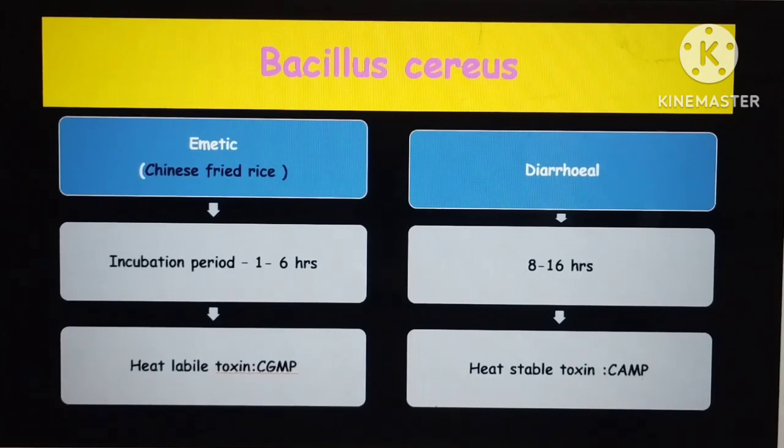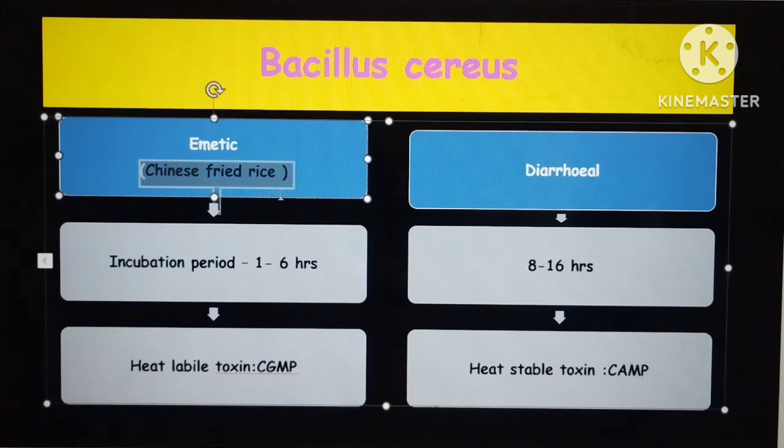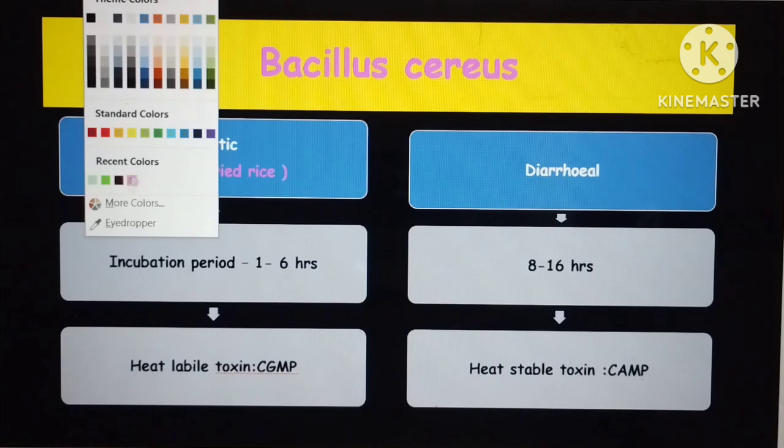You can remember a patient who went for a camp and had diarrhea. Another important clue is that the history usually mentions Chinese fried rice, a specific term that is used all the time.